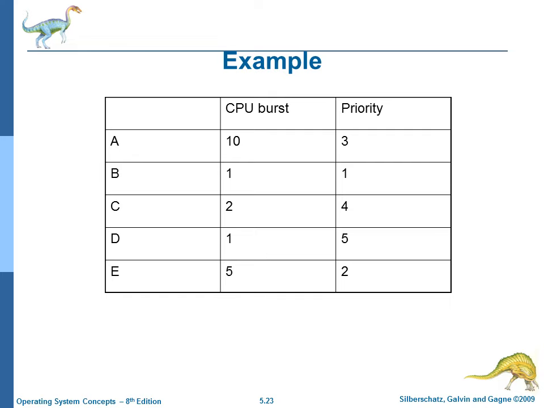So what we did in this example, we did the priority scheduling using the non-preemptive technique. What I suggest you to do is to try this example at home using preemptive priority scheduling, which is the same as the previous scheduling algorithms.